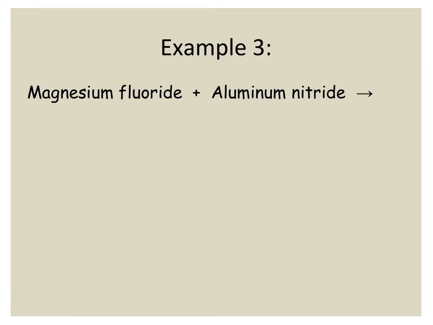Here's one last example. Magnesium fluoride plus aluminum nitride. Pause the video here and try this one out on your own. Here's the answer. The first step is to change these names into formulas.